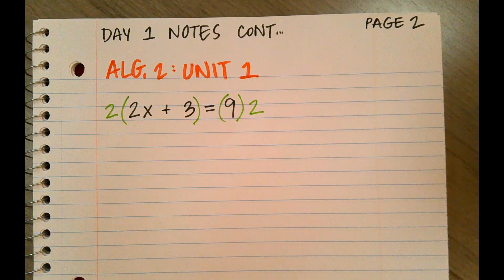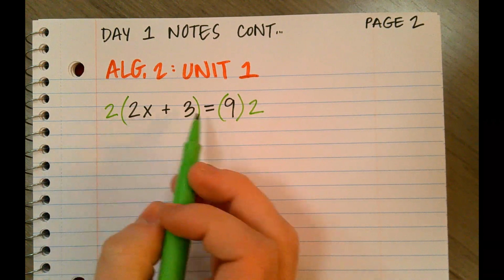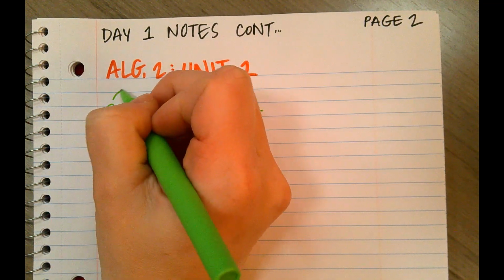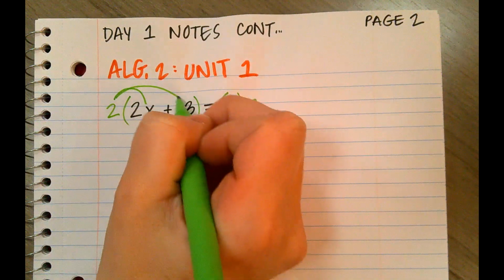Can I do that? You'd still get the same answer either way. Sure would. So let's see what would happen. How do I multiply 2x plus 3 times 2? Distribute. Yes, distribute. We're going to multiply each term.